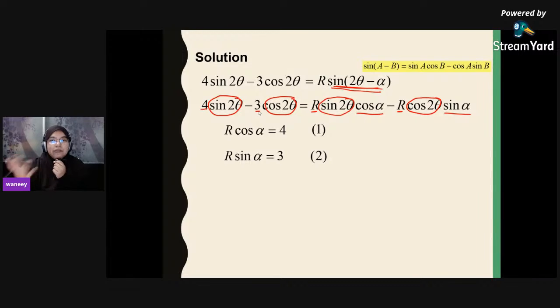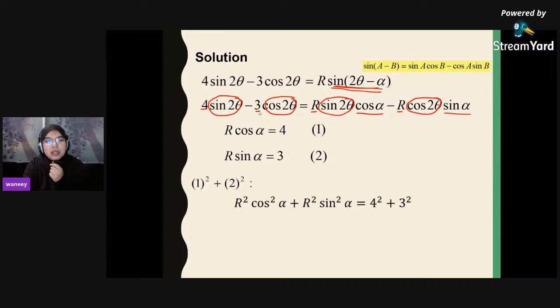And in order to get the value of the R, we simply square both equations and add them together. So first equation square plus second equation square. So R square cos square alpha plus R square sine square alpha. So this is 4 square plus 3 square. So 4 square is 16, 3 square is 9. So 16 plus 9 will become 25 over there.